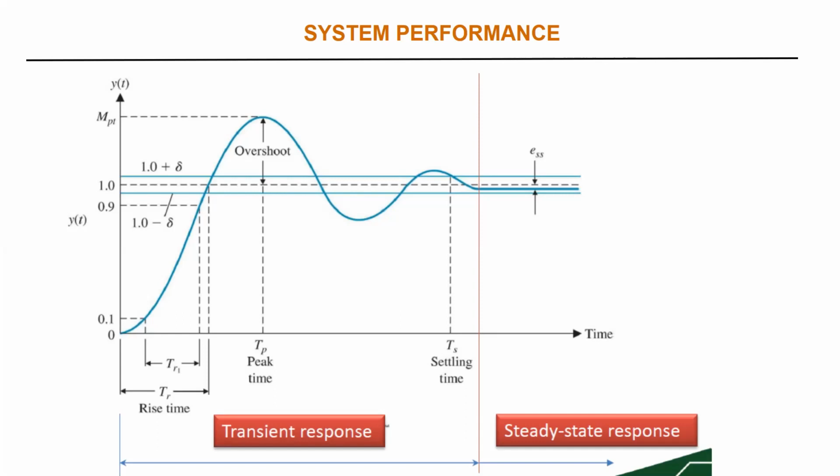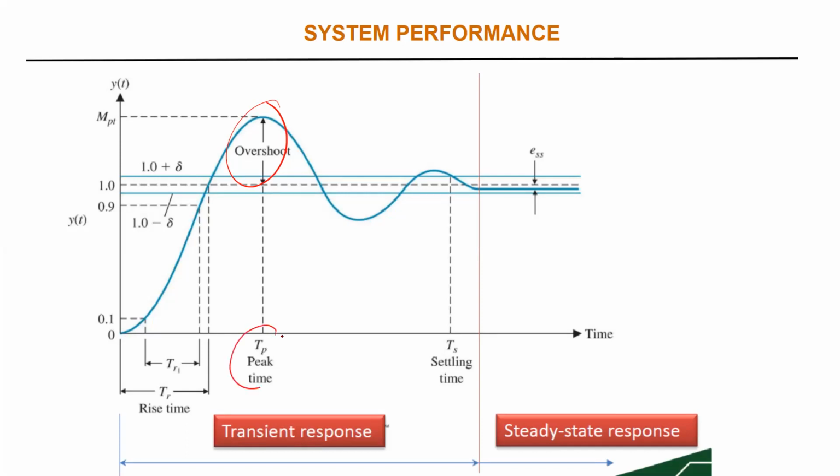Then, of course, if you are using a tap, you can discharge and ultimately you will reach it. So overshoot is basically going over your desired value. What we are going to talk about is the percentage overshoot, how much overshoot I can tolerate. Can I have infinite overshoot? Definitely there is a certain limitation. After a certain time, you might end up with an unstable system if you don't control the overshoots.